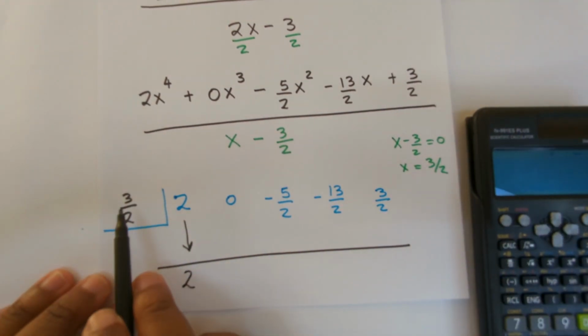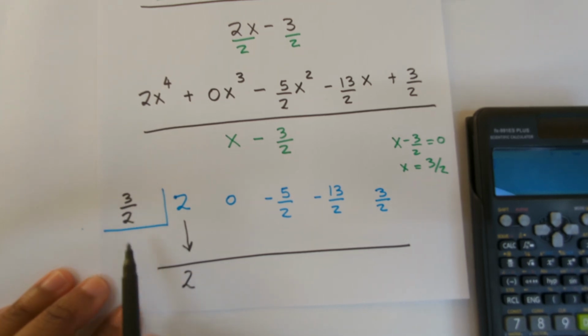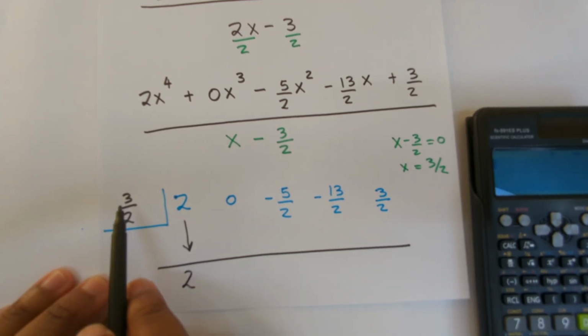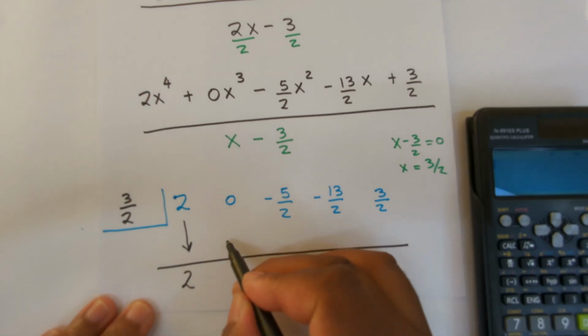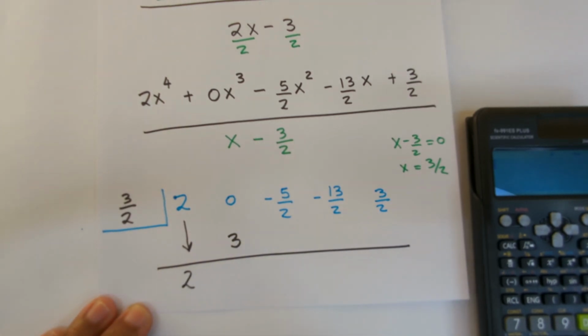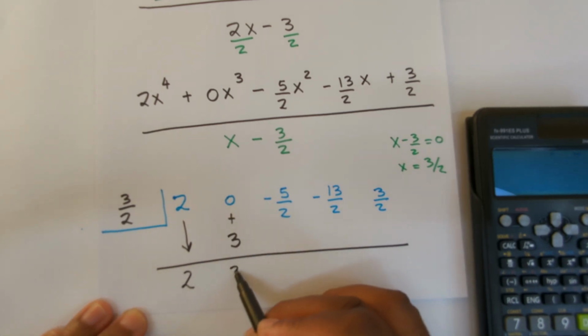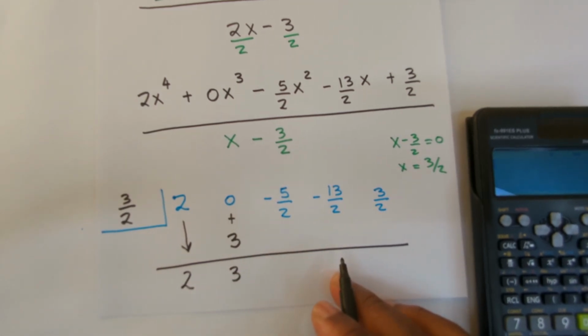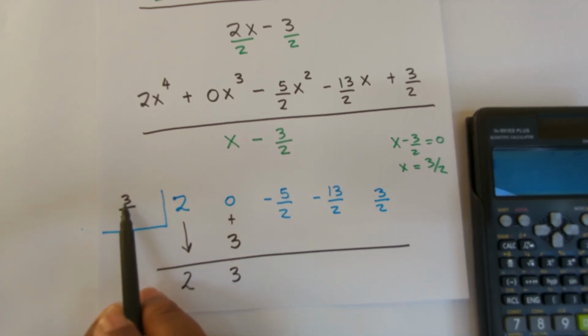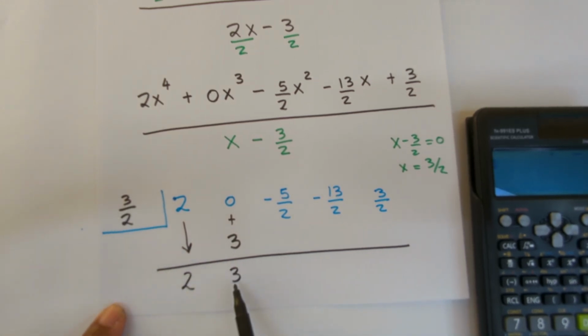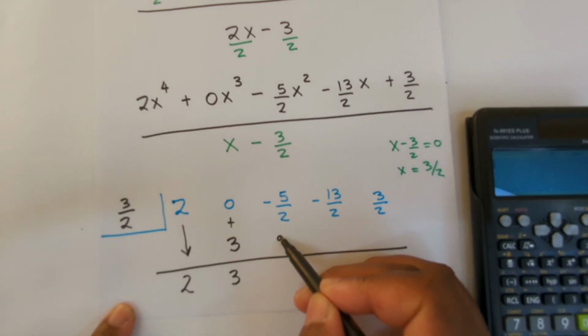We're going to multiply 3 over 2 by 2, and you get a 3. And now we add 0 plus 3, it will give you a 3. Now let's multiply 3 over 2 by 3, you get 9 over 2.